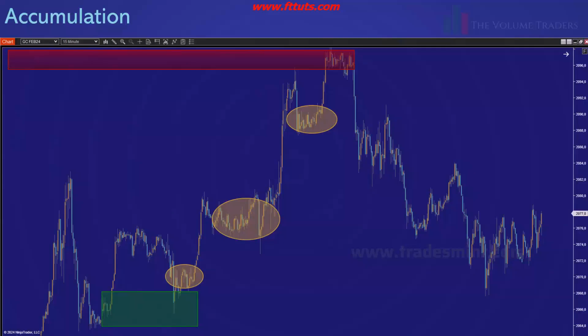I'm not going to explain what support and resistance is. Here we have resistance, here we have support, and how to spot it on the chart, because the price moves within the structure of support and resistance.